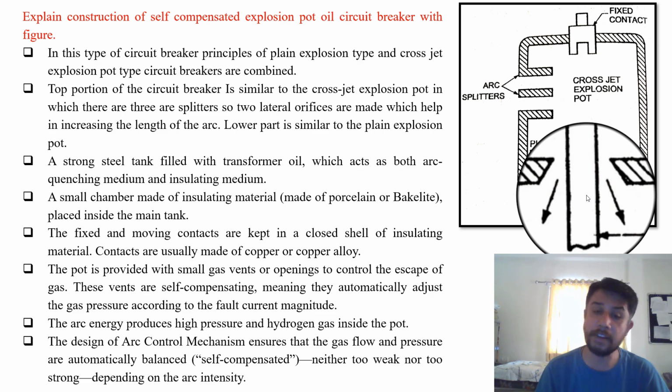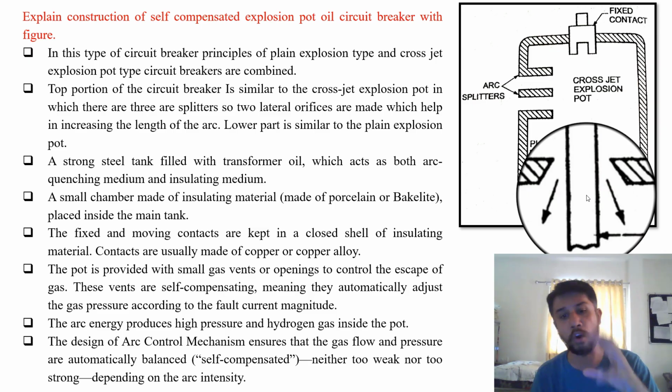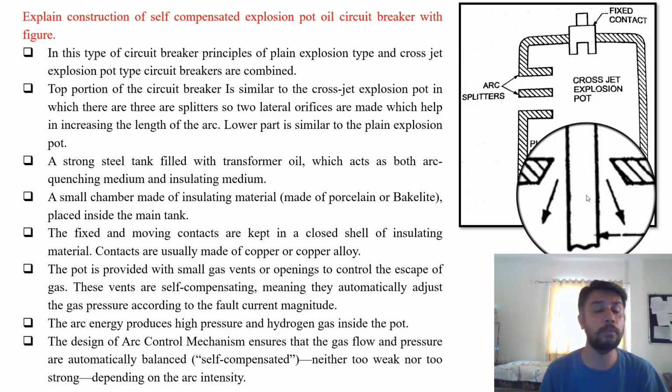The vents are self-compensating, meaning they automatically adjust the gas pressure according to the fault current magnitude. The arc energy produces high pressure and hydrogen gas inside the pot. The design of the arc control mechanism ensures that the gas flow and pressure are automatically balanced, that is self-compensated, neither too weak nor too strong depending on the arc intensity.